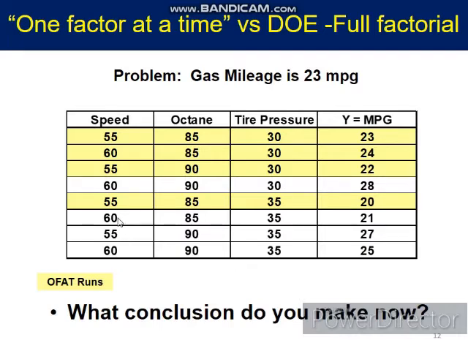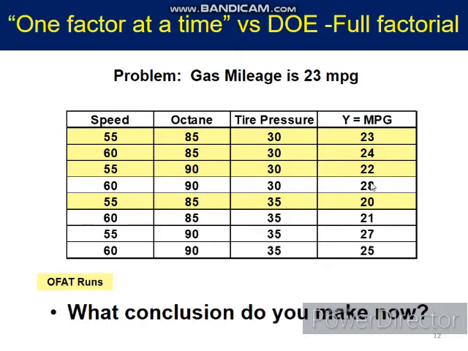And if you run at 60, 85, 35, you get 21, so on and so forth. So now, what conclusion do you make? Just now, when you just ran one factor at a time, you missed these runs in white. You might make the conclusion that the maximum miles per gallon performance you can get out of the car is basically 24. So you are missing this result, this data.